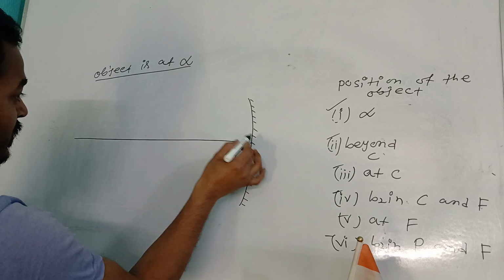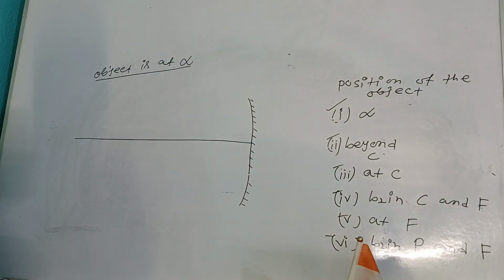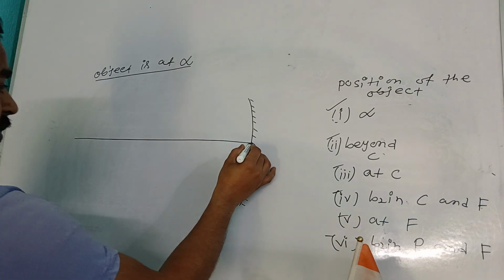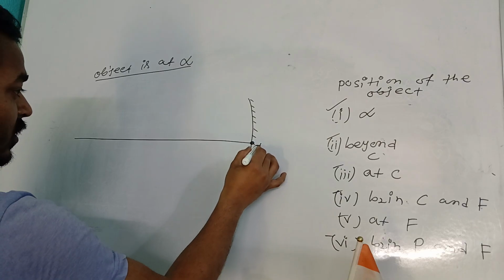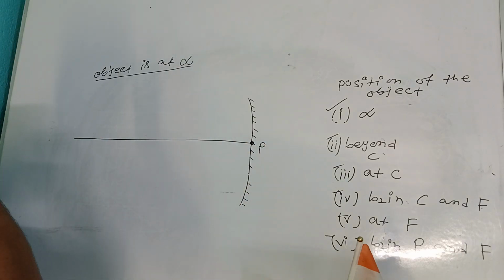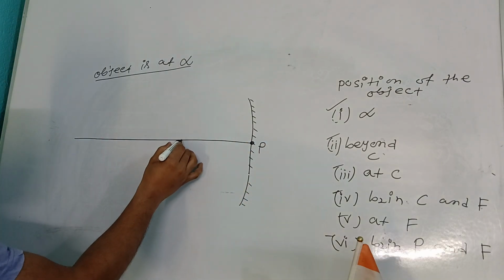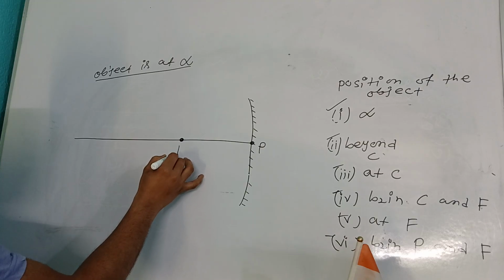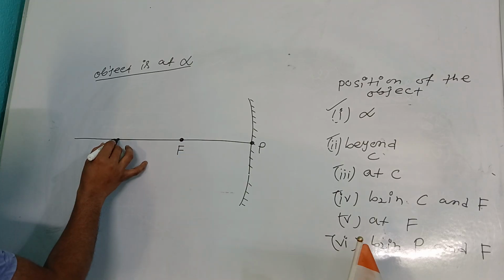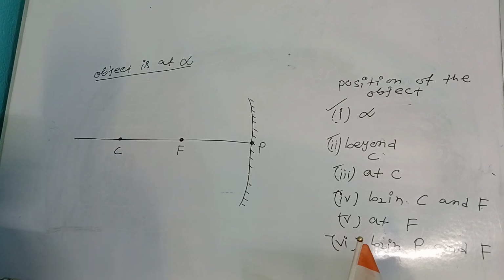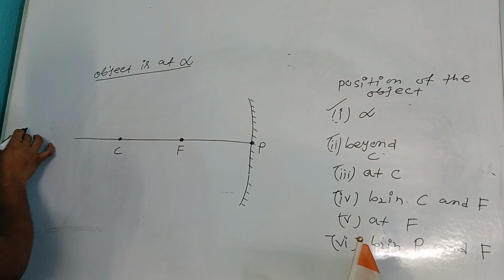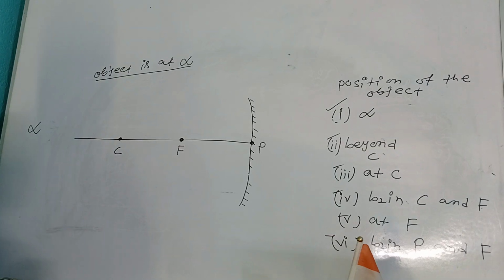Principal axis. So this is the principal axis. Now it is pole. Achha. Next consider this one is focus and this is the center of curvature and the object is at infinity.